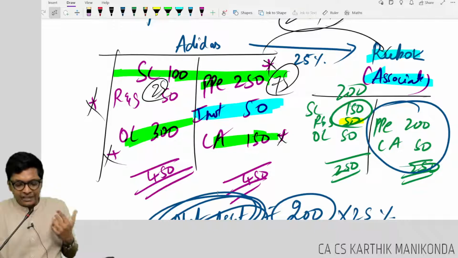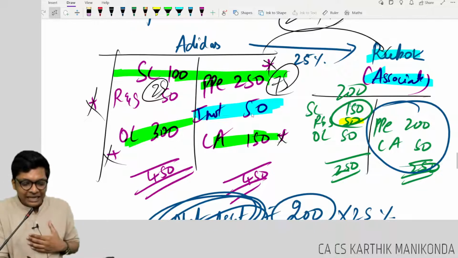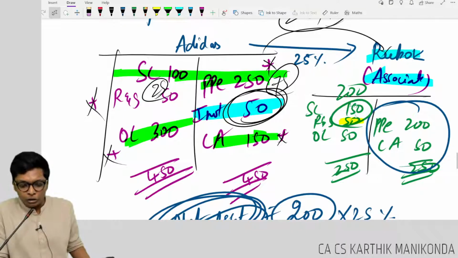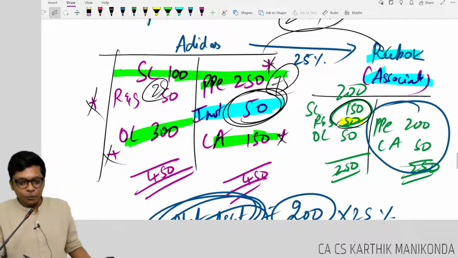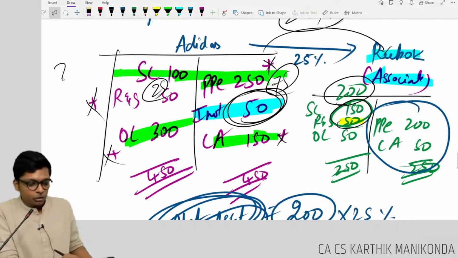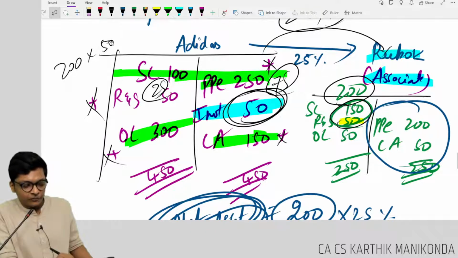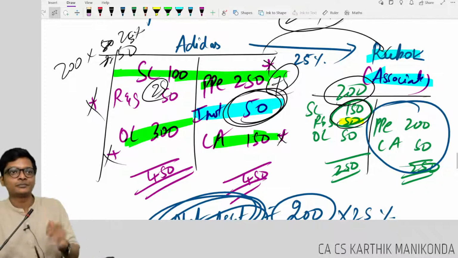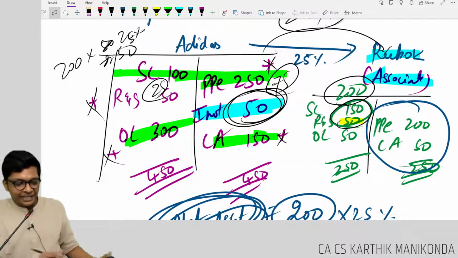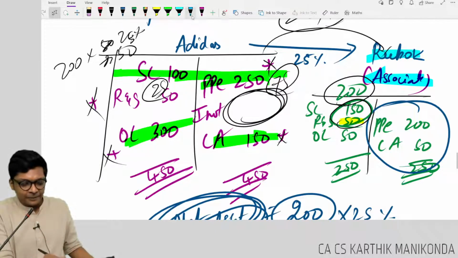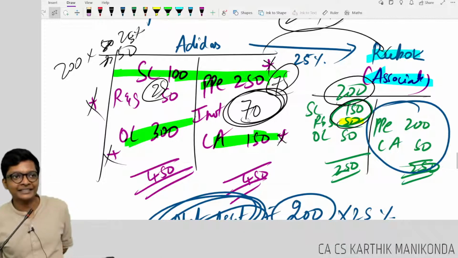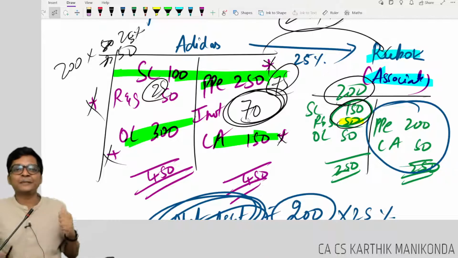In other words, if somebody watching this for the first time also will understand, I paid 50, but what I got is also 50, correct? See, what I got is net assets of 200, 200 into 25%, I got 50, correct? So what is the goodwill in this sum? 0, correct? The same question, what if my investments is 70? Then goodwill is 20. Same as consolidation of subsidiary, guys.